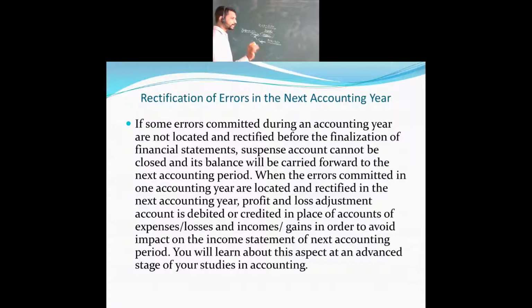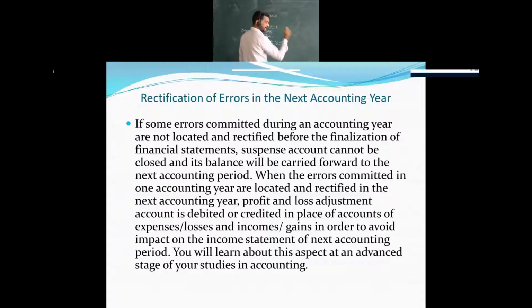Now here, if the errors are not found in this year and you find the errors in the next accounting year, you are going to rectify it, and that will be adjusted to the profit and loss adjustment account.